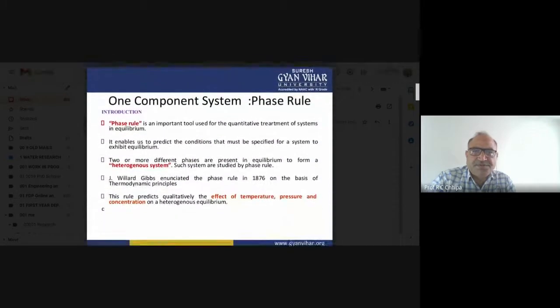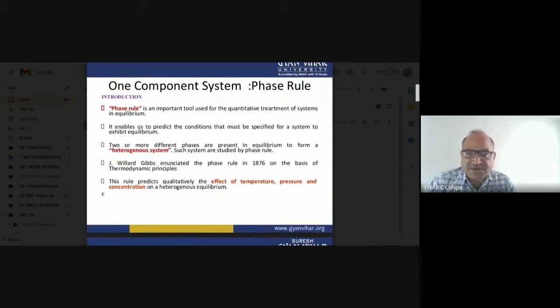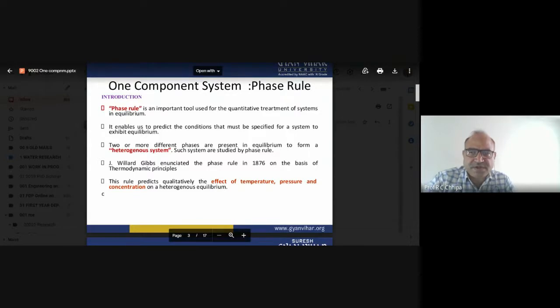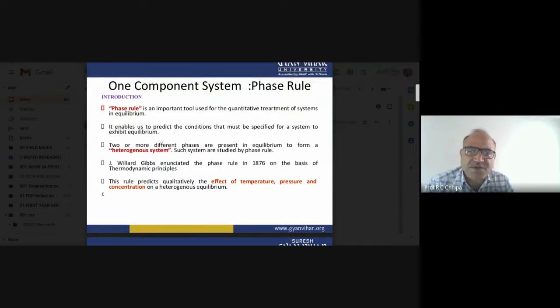Now we have the one component system, and here the phase rule itself. Clearly this indicates the phase rule is an important tool used for the quantitative treatment of systems in equilibrium. What about the equilibrium?